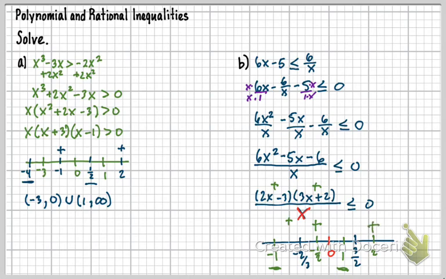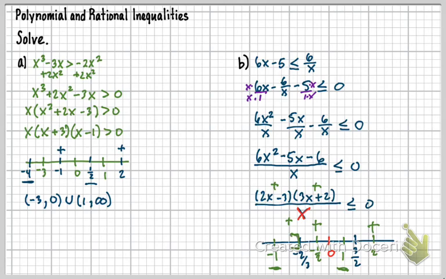So now we have all the information we need because we went through all those test points to know exactly what we should write down. Because keep in mind here, now I just go back to the problem and I say, okay, we're less than or equal to 0. So that tells us then that we're going to be negative or 0. So that means I'm going to look at these intervals.